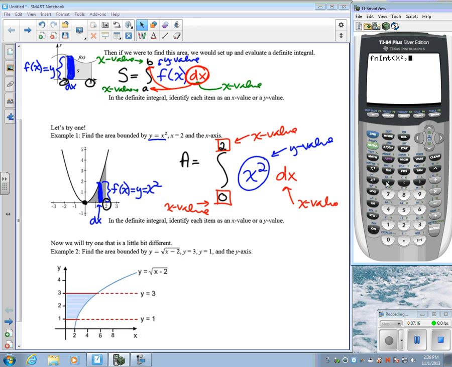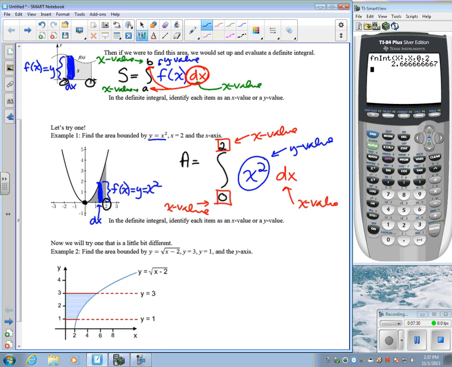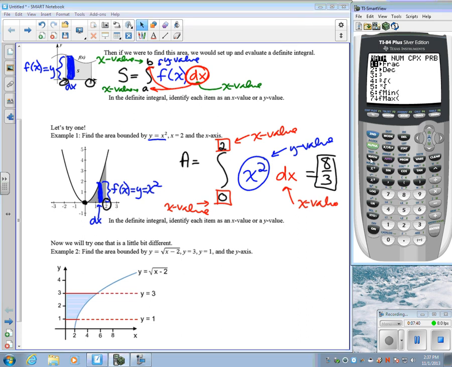And then what was our d, our change in something? Our width was our change in x. And then I need to start when x is 0, and I need to go to x is 2. And we should get an answer, and our area is equal to 2.66, or in other words, that's 8/3, whichever way you like to write it is fine. It's all the same. So that's our first one that we did for area.